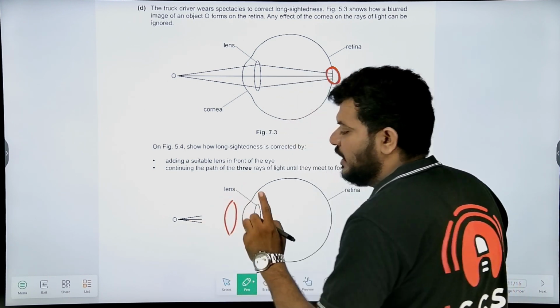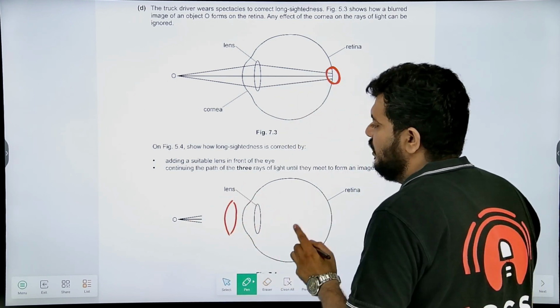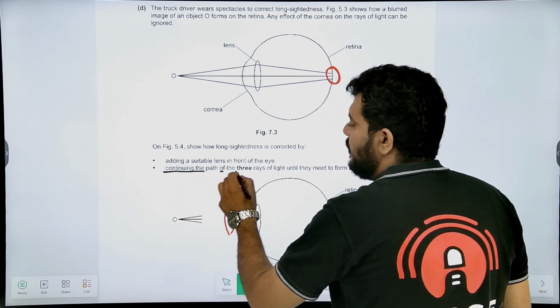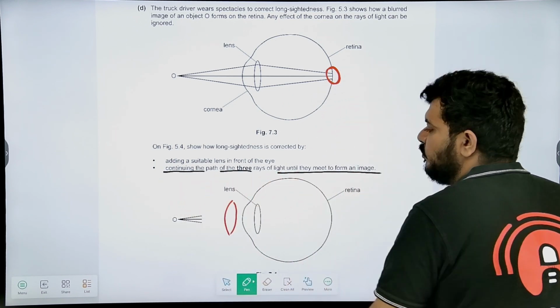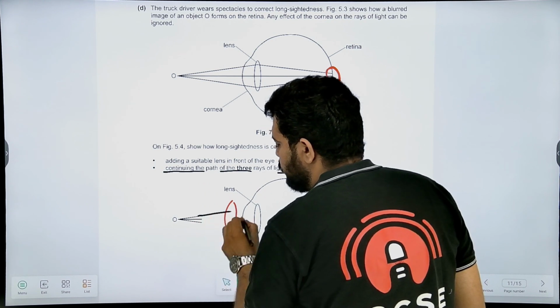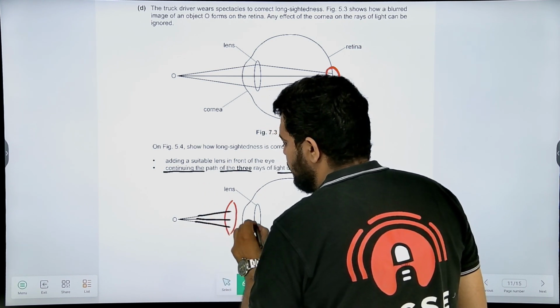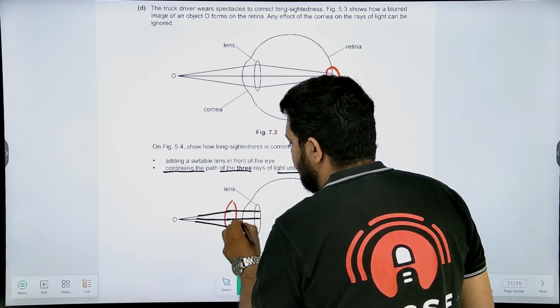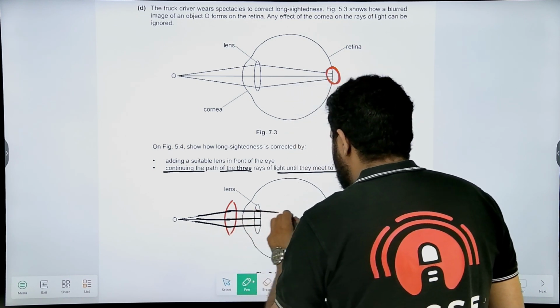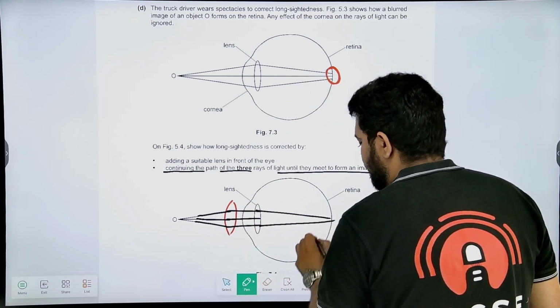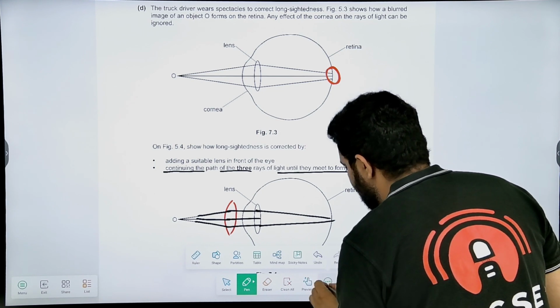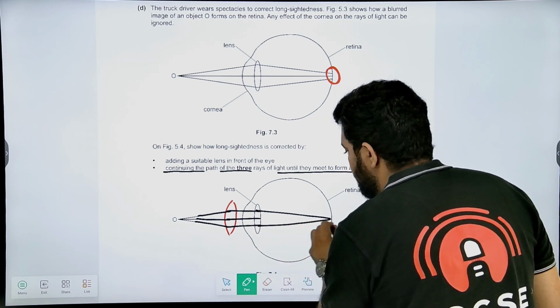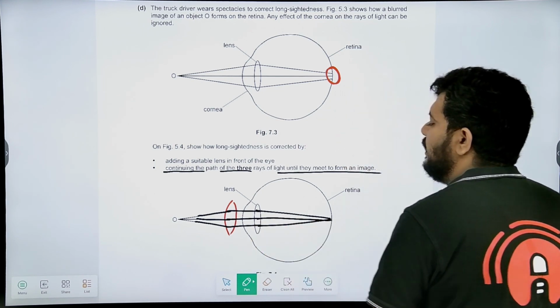Now take your scale and try to draw this diagram carefully. Continuing the path of three rays until they meet to form an image. So what you should do, you should draw straight lines till here, then show a little bit of convergence till the next lens, and then show finally convergence where the light rays can meet at the retina like this.